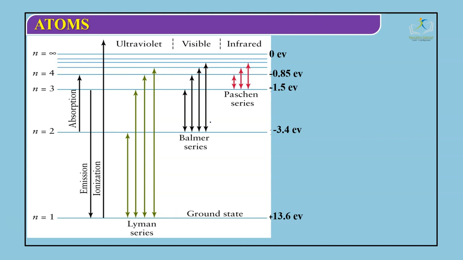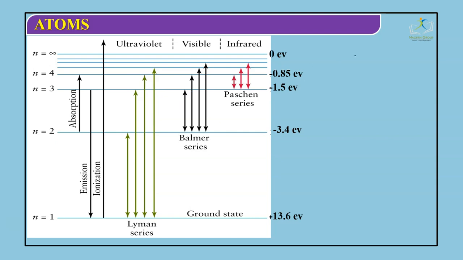The observed spectral lines in the hydrogen emission spectrum are due to atomic transitions between different energy levels. The spectral series are important in astronomical spectroscopy. To know about emission and absorption spectra in detail, let's begin the detailed study.